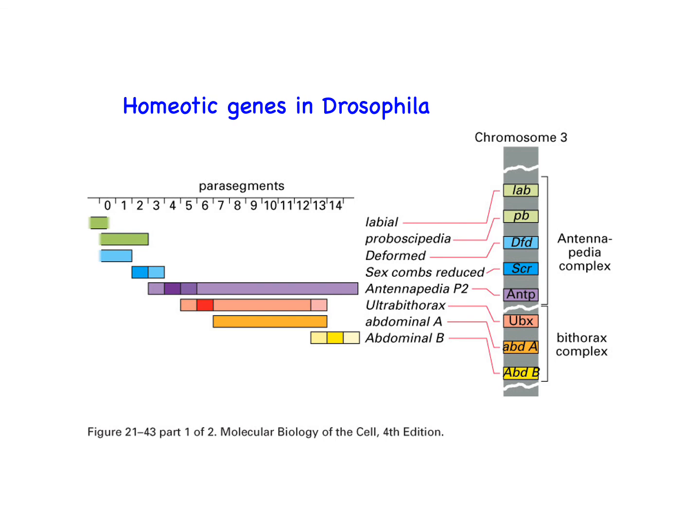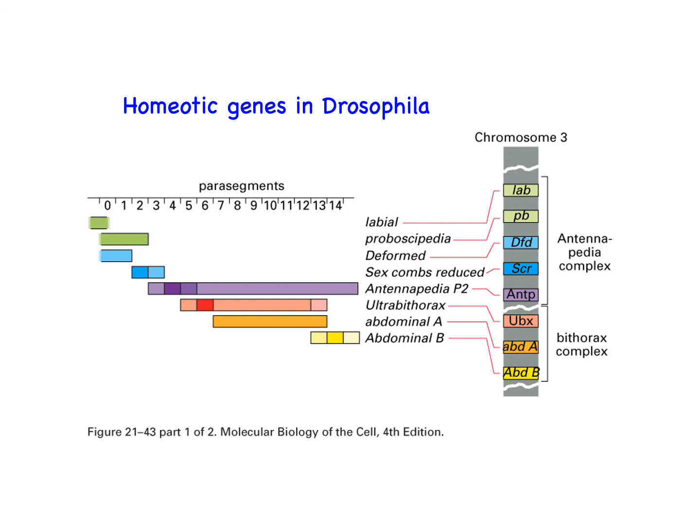The list of genes, or actually the schematic of the chromosome, is on the right here. In Drosophila, the homeotic genes are found in two clusters, the Antennapedia complex and the Bithorax complex. We'll see in a minute that in humans they're all in the same complex.